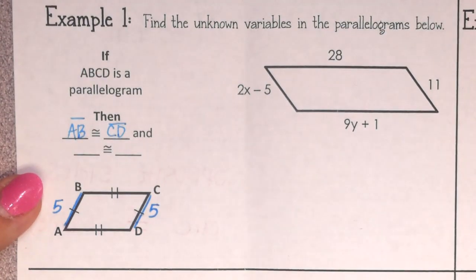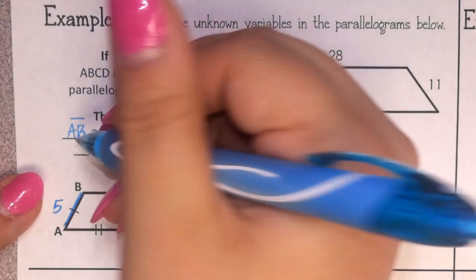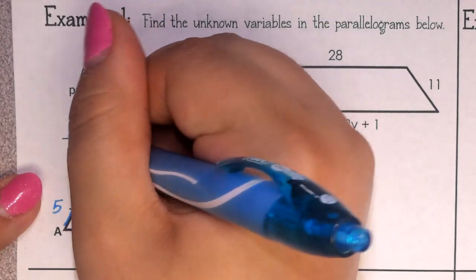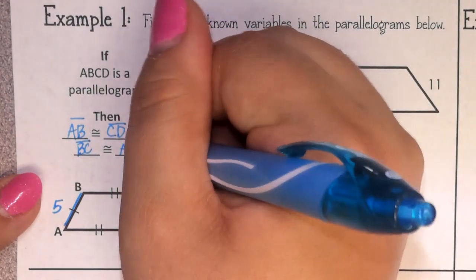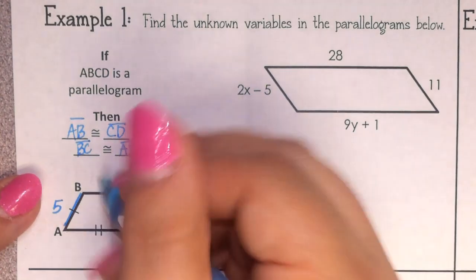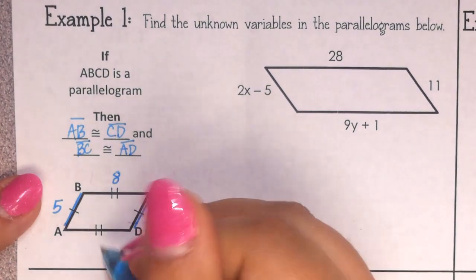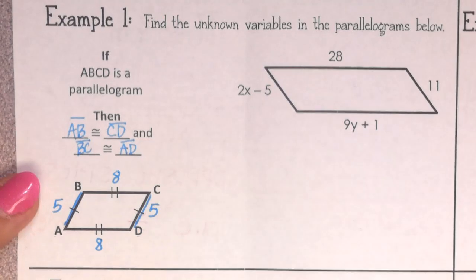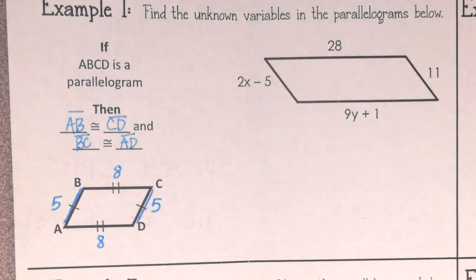What about the top is BC, the bottom is AD. And you could write those vice versa. You could write CB and DA, it doesn't matter. But if my top were 8, what's my bottom? 8. Am I going to give you a question that easy on your test? Yes. Maybe.